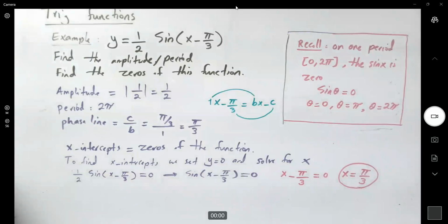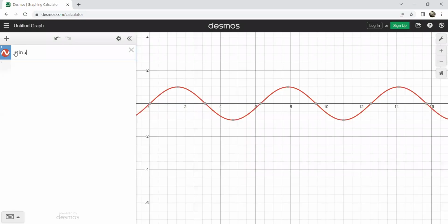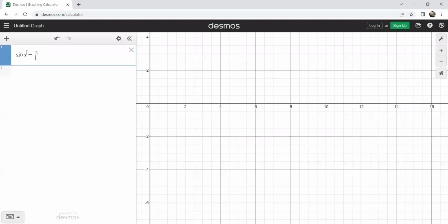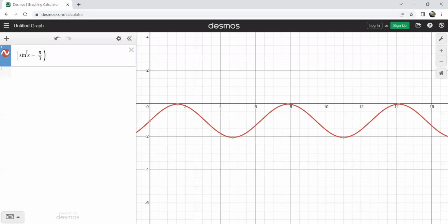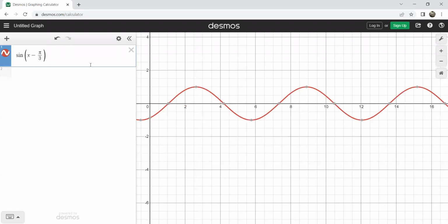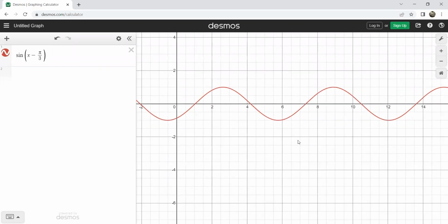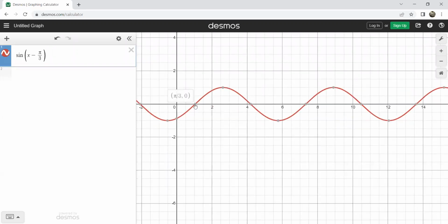Let us take a look at the graph. Step by step, we're going to find all of the algebra behind this. Sine of x minus pi over 3, and this goes in the parentheses here and here. Very good. So take a look at this. Your very first x-intercept is pi over 3.